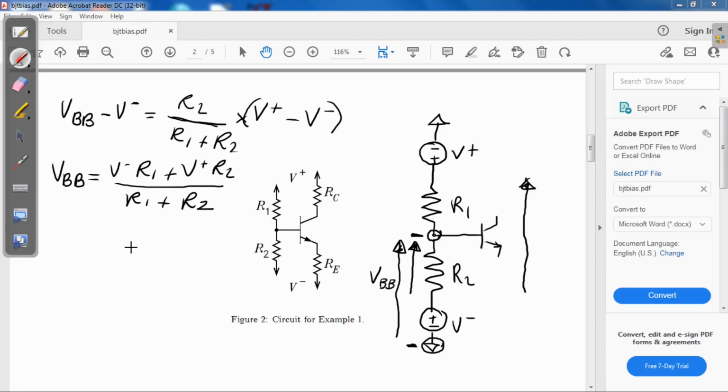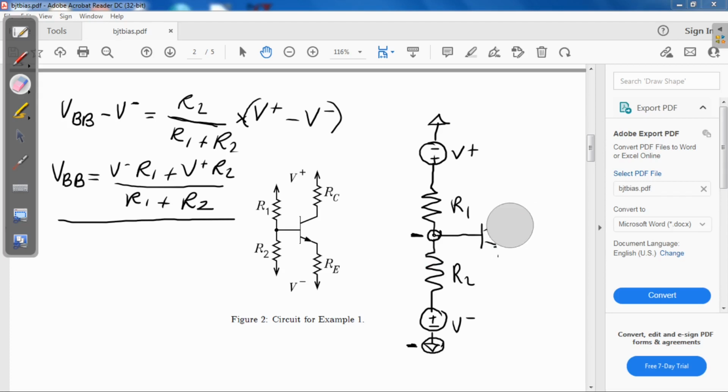Okay. Now you could have computed the VBB in a different way. So let me erase some stuff here. Okay, so let's put back the ground here.